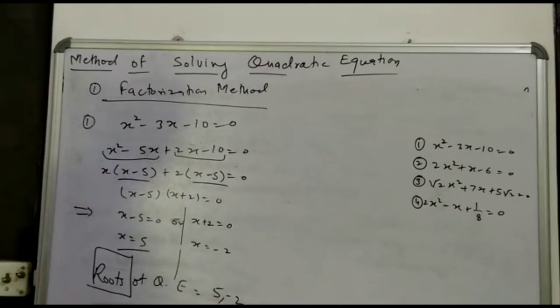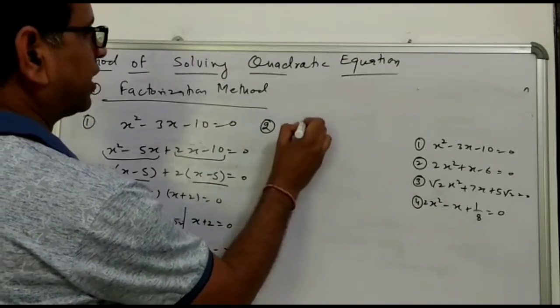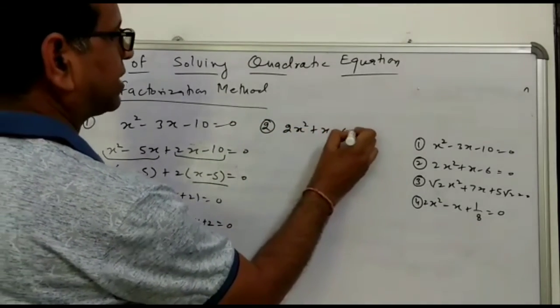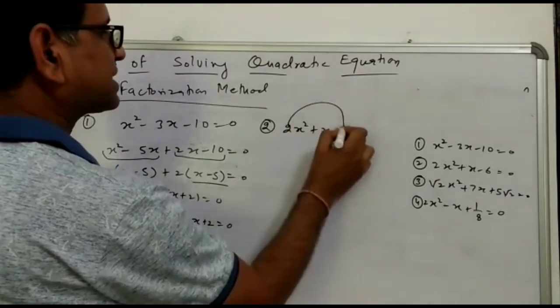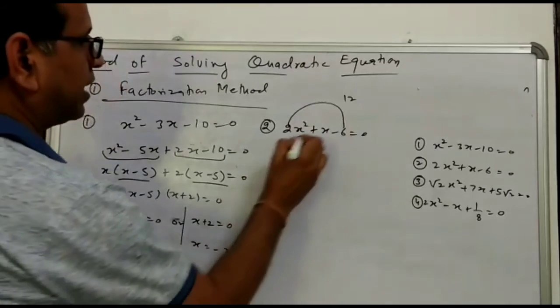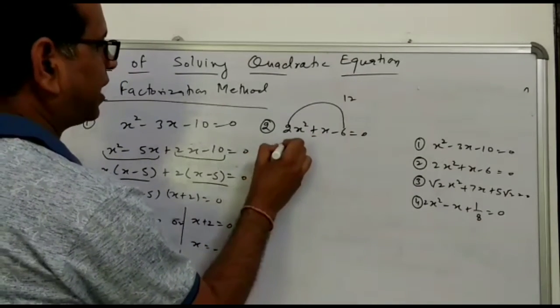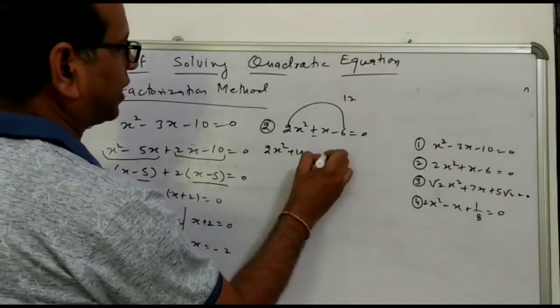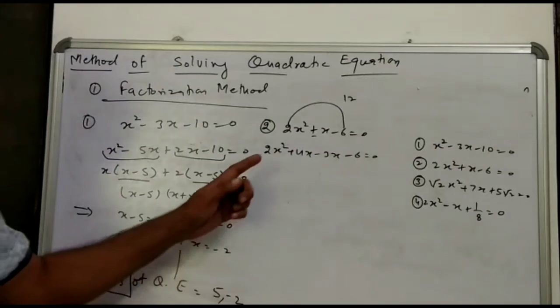Now I'll take one more here, 2x square plus x minus 6 equals 0. Two times 6 is 12, and the middle coefficient is 1. So the breaking will be 2x square plus 4x minus 3x minus 6 equals 0.